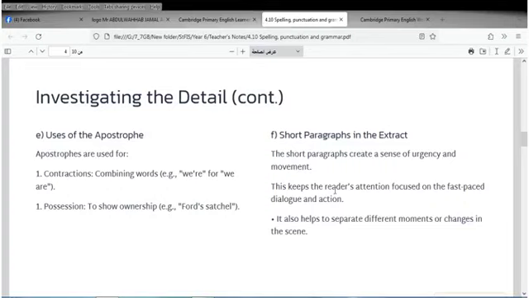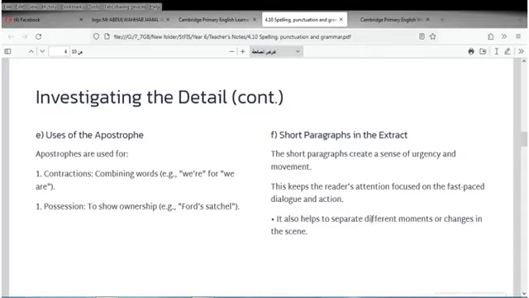And this technique, this short paragraph, keeps the reader's attention focused, and it will make the pace fast, if you wish to say. It is fast-paced dialogue and action. It will make the dialogue faster, and the speed of the story or the events becomes faster.